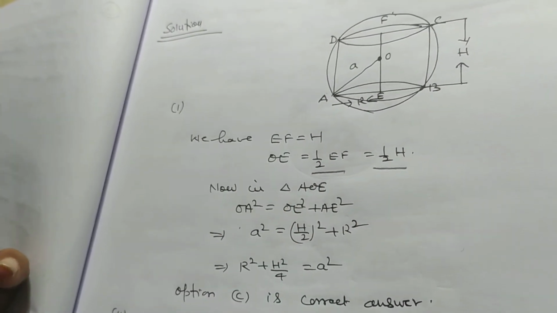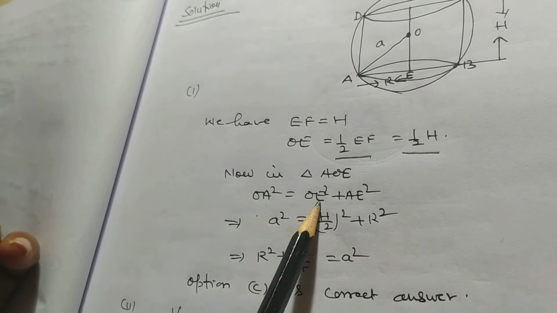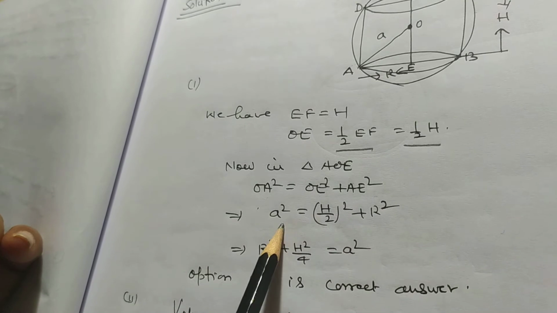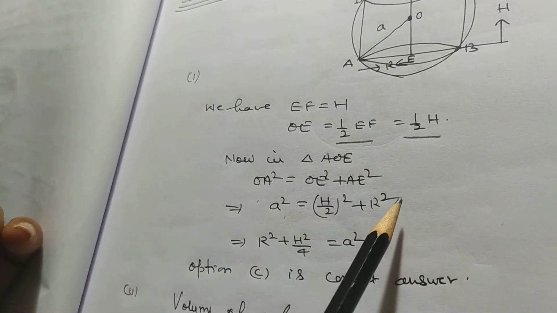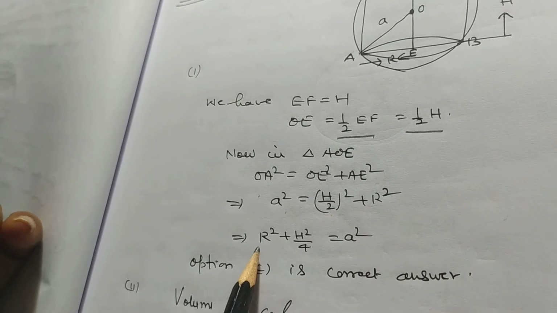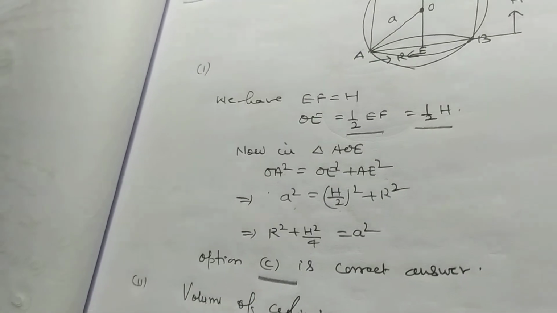Now in triangle AOE, OA square is equal to OE square plus AE square. That is A square is equal to H by 2 whole square plus R square. So it will be R square plus H square by 4 is equal to A square. Hence C is the correct answer.